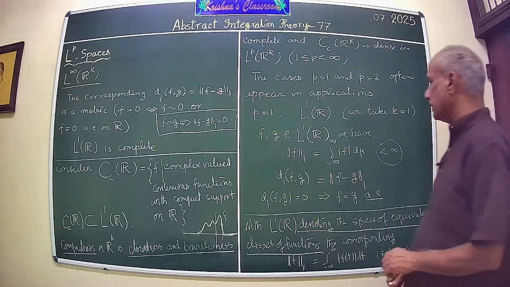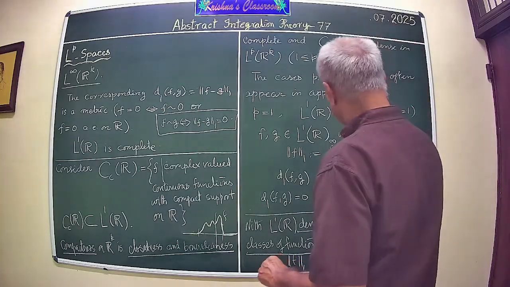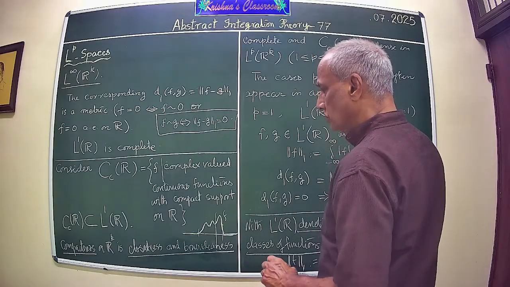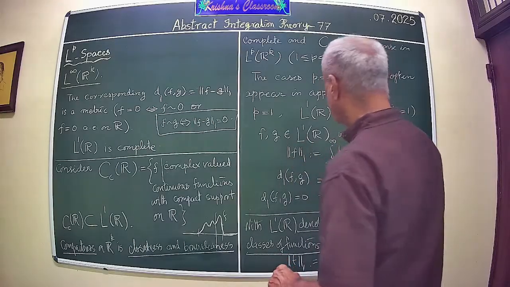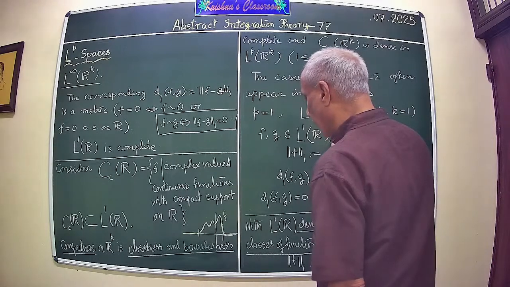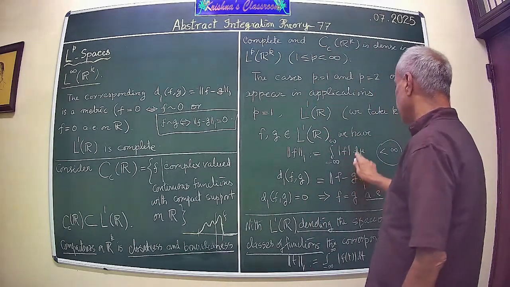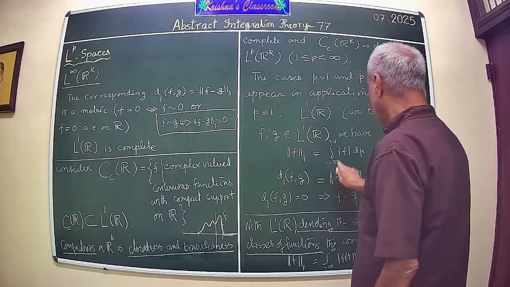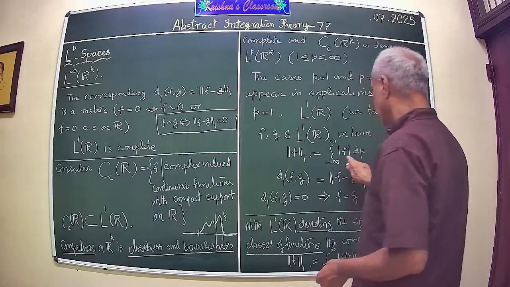And therefore, if you look at this integral, for any f belonging to C_c(R), this integral is finite. Because this integral lives only on a compact subset or a bounded set, and further this is a continuous function, bounded on the interval minus infinity to plus infinity, and with compact support.